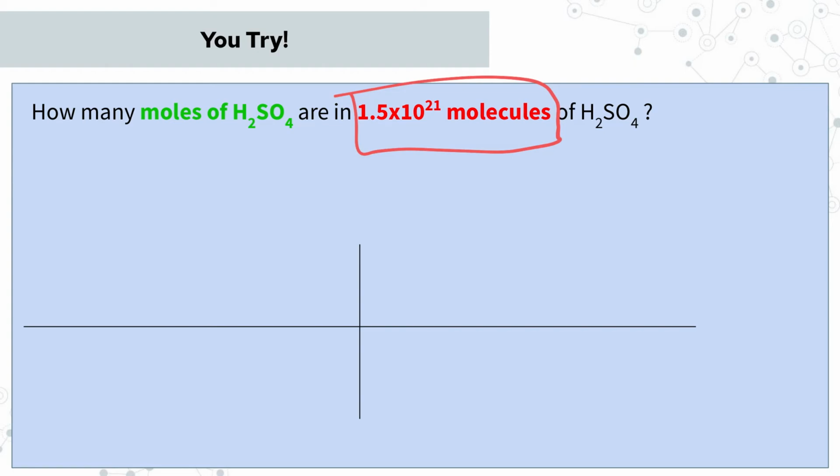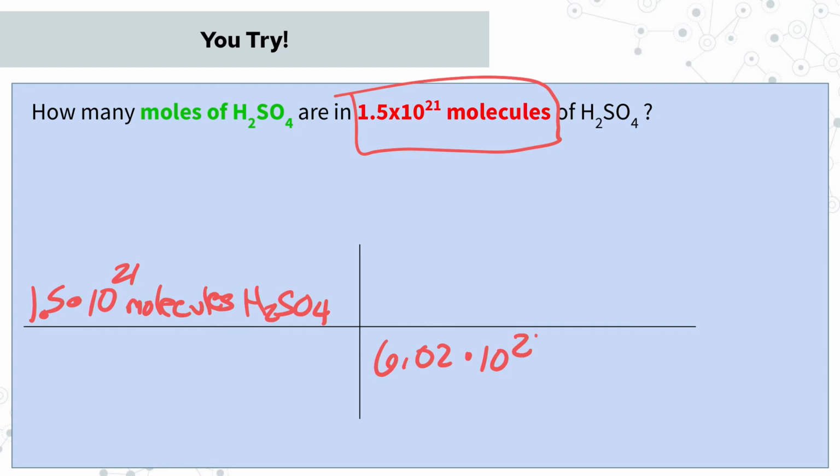So we need to put our 1.5 times 10 to the 21st molecules H2SO4 over here. And since we are starting with molecules, our Avogadro number goes on the bottom.